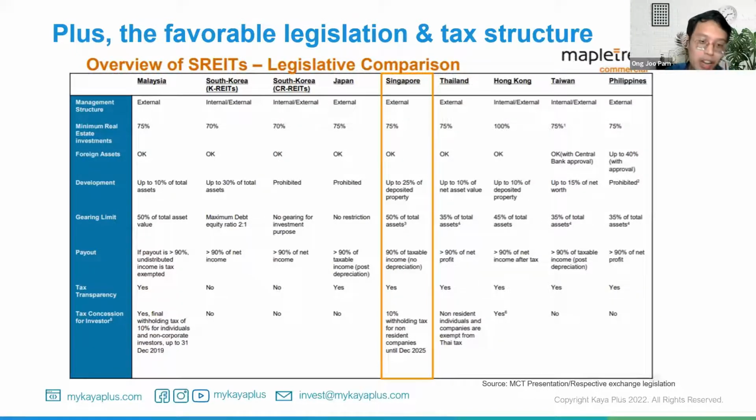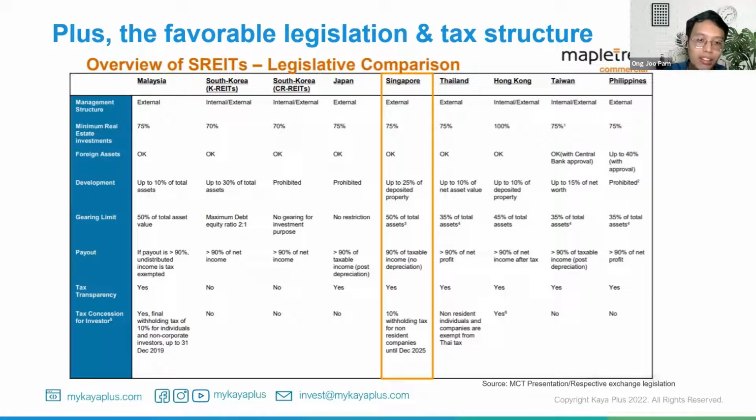You have to pay it to the government, right? And you get the remaining 90% of what the REIT declares. Coming to Singapore, you get 100% of what the REIT distributes. There is no 10% withholding tax if you are investing as an individual.